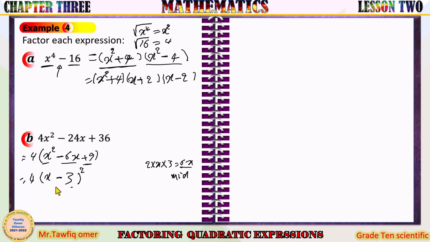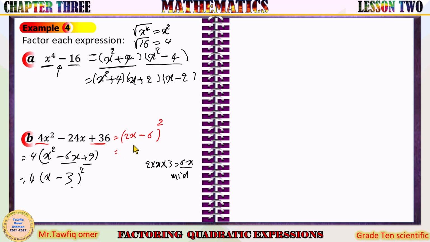This is one way, or we can do it from the beginning. We can say that from the beginning the first one is positive and square and the third one is positive and square. We can solve it as a perfect square. Open a bracket and put a square on it. The square root of the first one is 2x, minus the square root of the third one, which is 6.